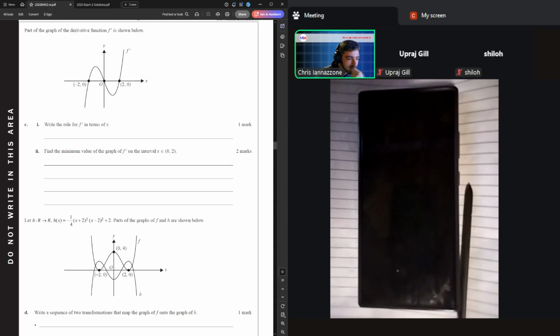Oddly enough, you'd probably do this faster by hand than by CAS, but only if you use a very specific way of doing it.